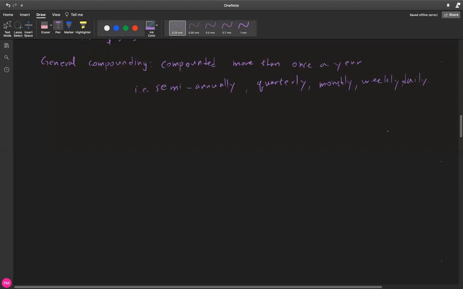Whatever it is. Semi-annually is obviously compounded twice a year. Quarterly is 4 times a year. Monthly, it's 12 times a year. Weekly is 52 times a year because there are 52 weeks in a year, and daily it's going to be 365 times a year.